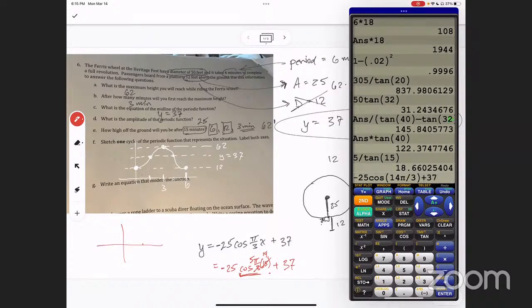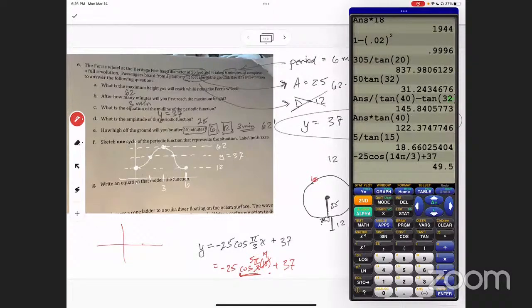Give me an estimate of how high you think it's going to be. Probably in between 37 and 62. Perfect. You know it's going to be in between, probably closer to 62, right? Yeah. Good. So let's see. A little bit closer.